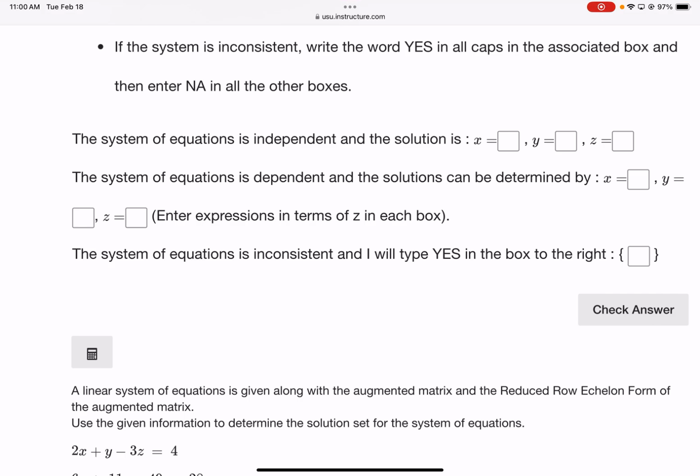So that's x equals y equals z equals. The second one is consistent and dependent. So the last one would be z equals z. And then in the third one, it's inconsistent, so you type yes, and all of the rest of them will be N/A. Does that make sense?